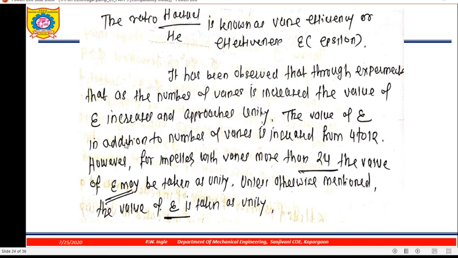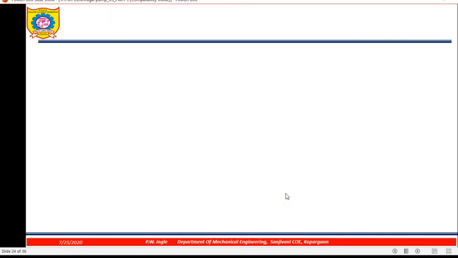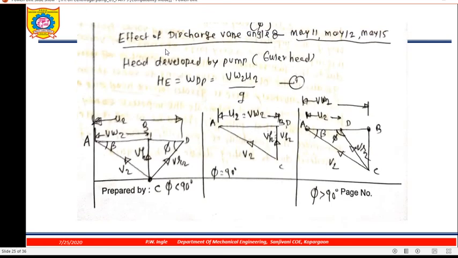The value of effectiveness or vane efficiency increases as the number of vanes increases from 4 to 12. For an impeller with vanes more than 24, this may be taken as unity, unless otherwise mentioned. So the maximum number of vanes should be 24. Now next is the effect of discharge vane angle.